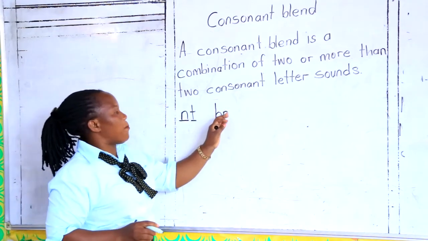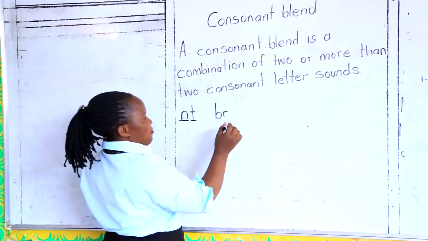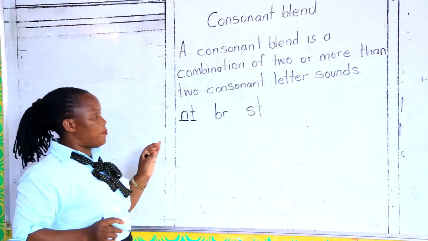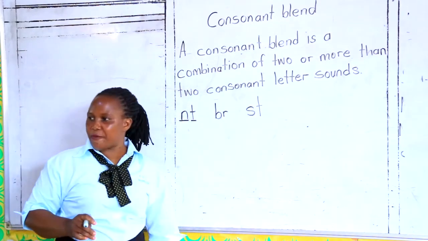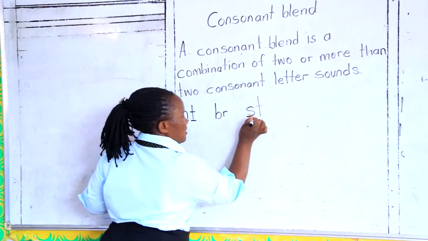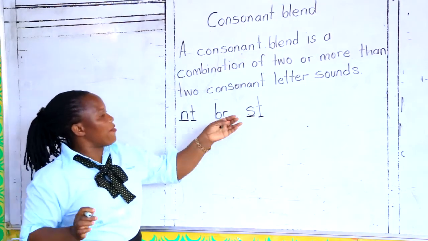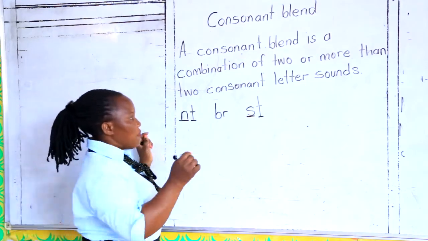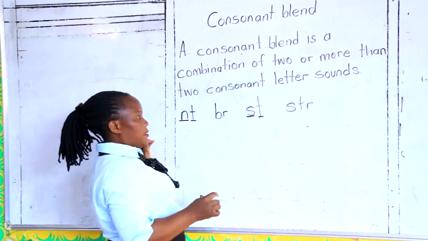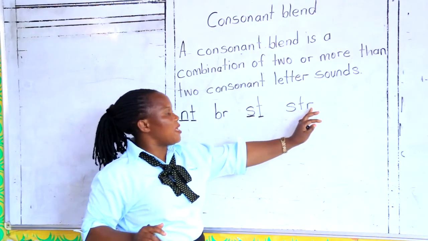You can hear both sounds, the b and the r. We have got this one. Can you blend st? Everybody say st. You can hear both s and t. St. We've got stir. Stir. You can hear t and you can hear the r.